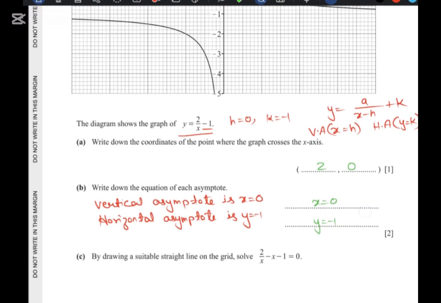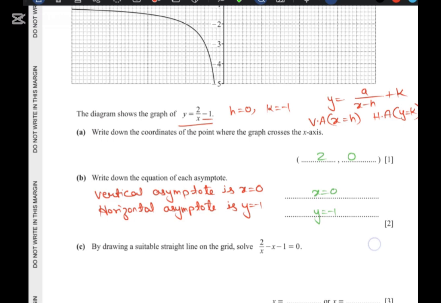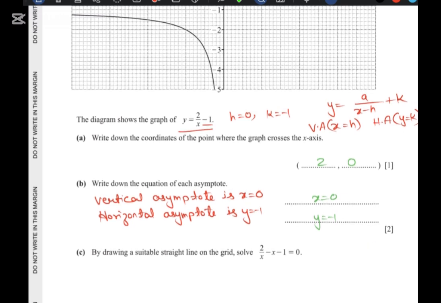Question C now. By drawing a suitable straight line on the grid, solve 2 by x minus x minus 1 is equal to 0. We need to solve this by drawing a straight line. Now, how to draw the straight line? We need to find the equation of the straight line here. We don't have it. For that, we need to solve taking these two equations.